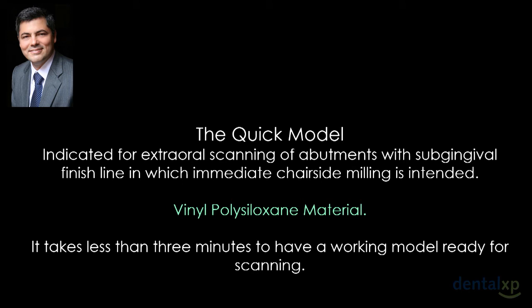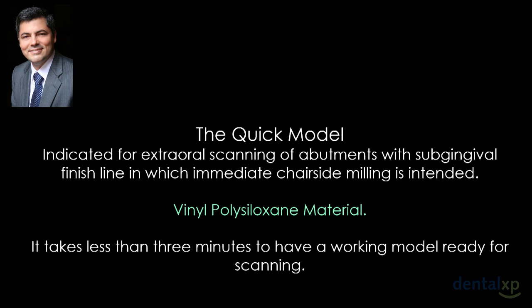This is the other technique that I had mentioned to you before, and it's known as the quick model. And the quick model is pretty much indicated for extraoral scanning of abutments with subgingival finish line. So anytime that you are doing a case, you finish placing your implant, and you decide that you are going to do the preparation of your crown, I suggest that you introduce this very simple technique into your practice.